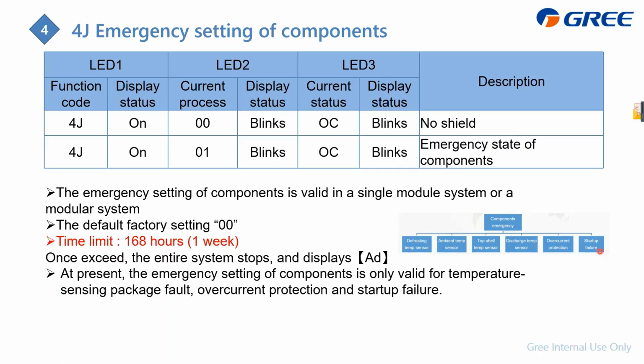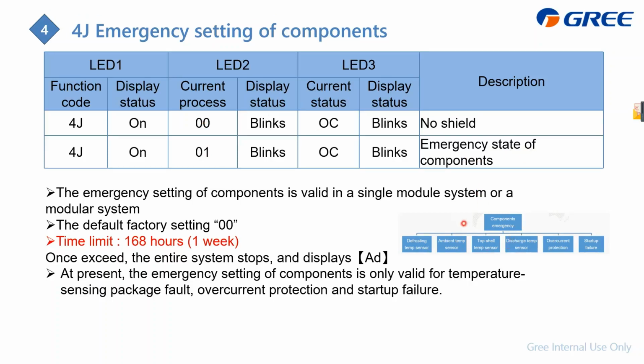But of course, under emergency mode, some functions of the whole unit are limited. Okay, 00 is the default setting, meaning no shield, but 01 is the emergency state of the components. It means we have shielded some components of the unit.